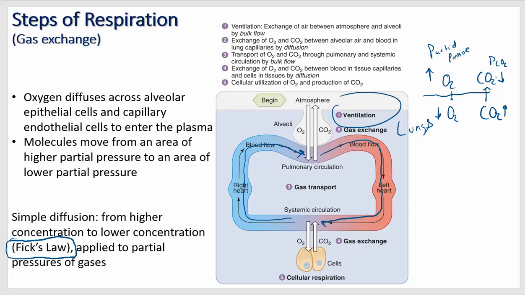So because the partial pressure of carbon dioxide is different in a different direction, it moves out of the capillaries into the lungs, and because the partial pressure of oxygen has a different partial pressure gradient, it's going to move from higher pressure to lower pressure, but only for the oxygen.